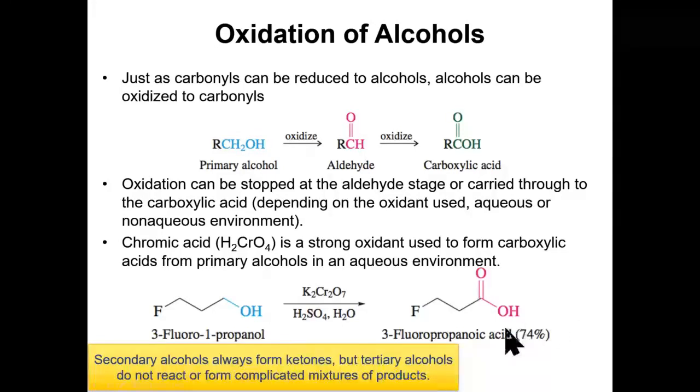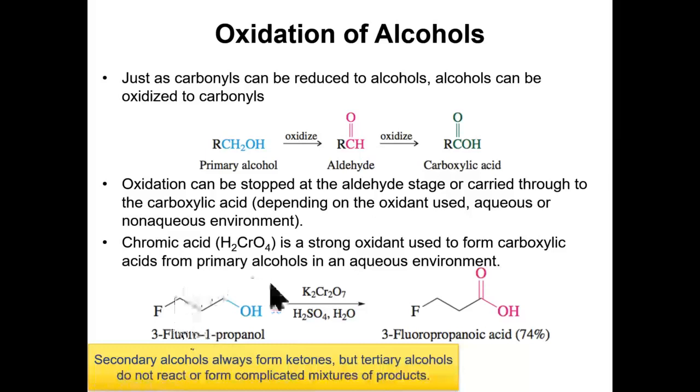And in a laboratory setting, we usually use a mixture of sodium or potassium dichromate and sulfuric acid to give us access to chromic acid. So this mixture is pretty much just a chromic acid mixture, and it also has a name, I think, the Jones reagent.